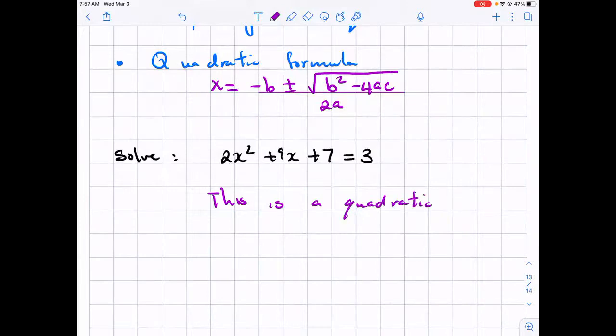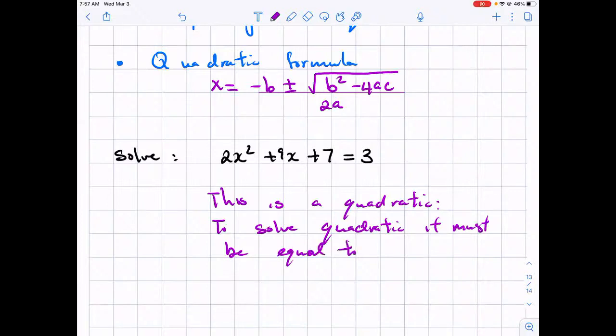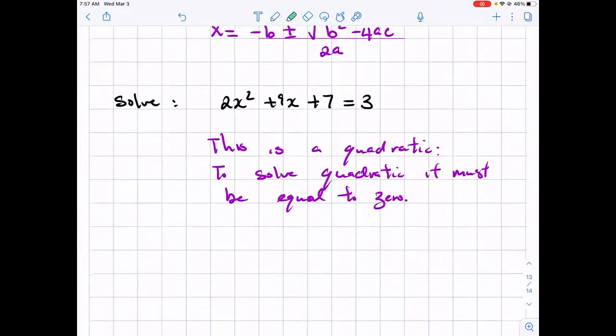And to solve a quadratic, it must be equal to 0. So something must be equal to 0. You have to remember that. It has to be equal to 0.